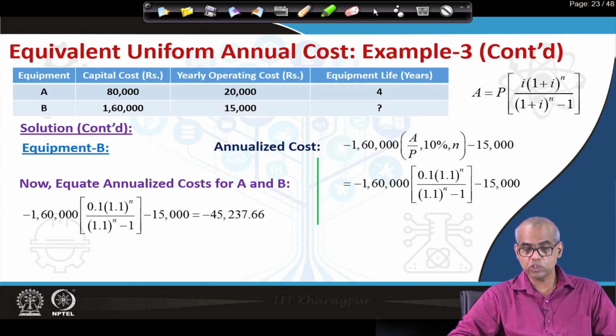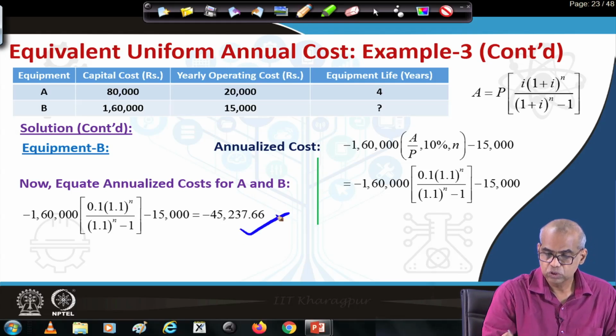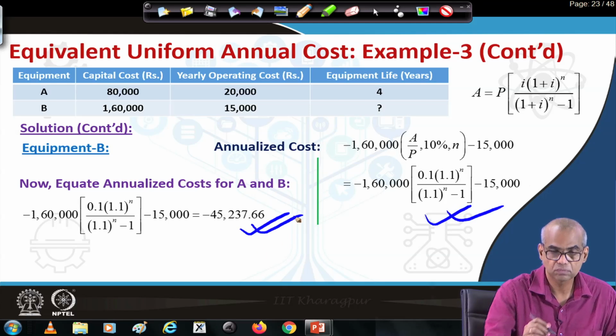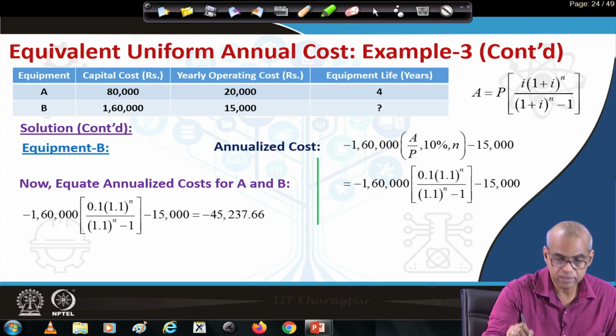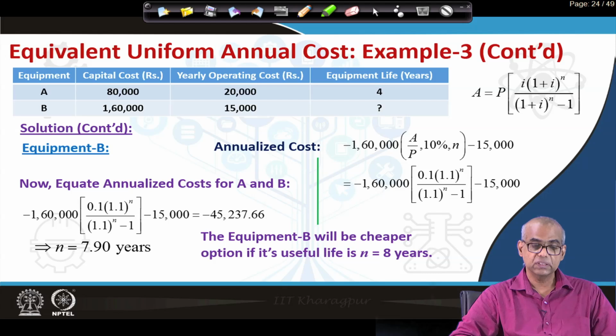Annualized cost for equipment A was obtained as 45,237.66. So, I equate this with this and solve the resulting expression. We obtain n as 7.90 years.